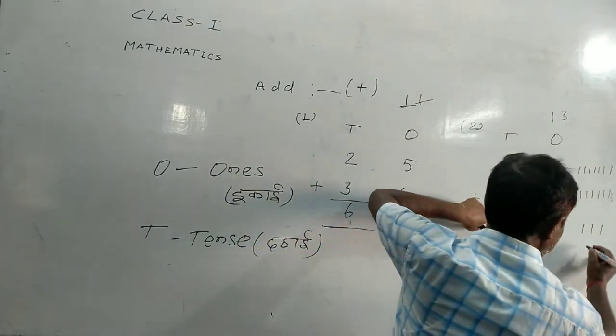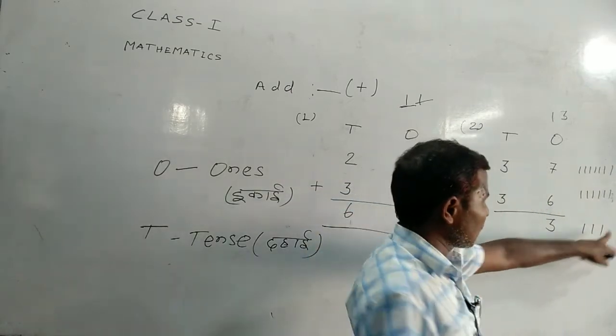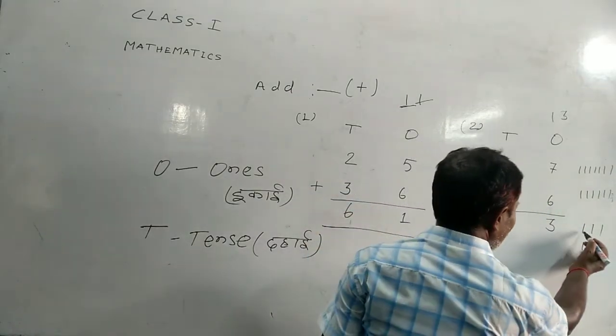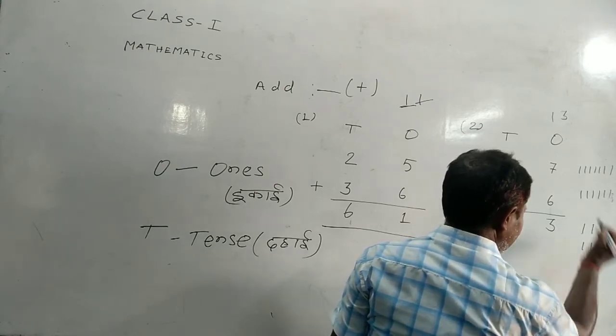Also draw 3. 1, 2, 3. Count the total lines. 1, 2, 3, 4, 5, 6.